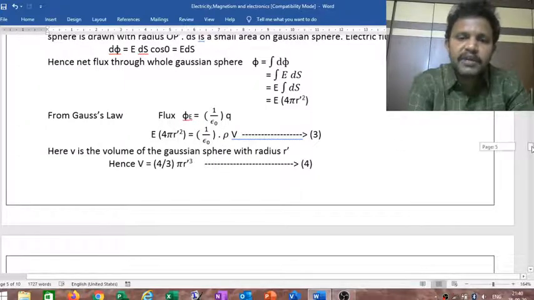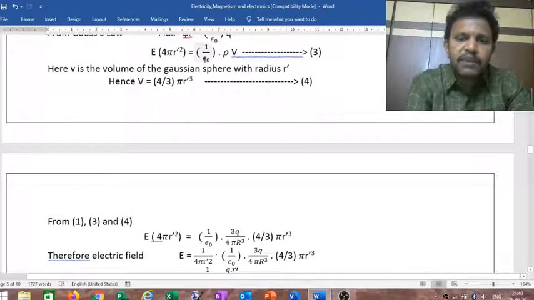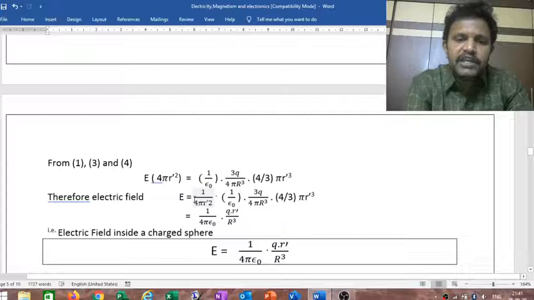So this equation becomes E into 4 pi r dash square is equal to 1 by epsilon naught. Instead of rho, we substitute 3Q by 4 pi R cube. Instead of v, we substitute 4/3 pi r dash cube. Finally, we get E is equal to 1 by 4 pi epsilon naught Q r dash by R cube.